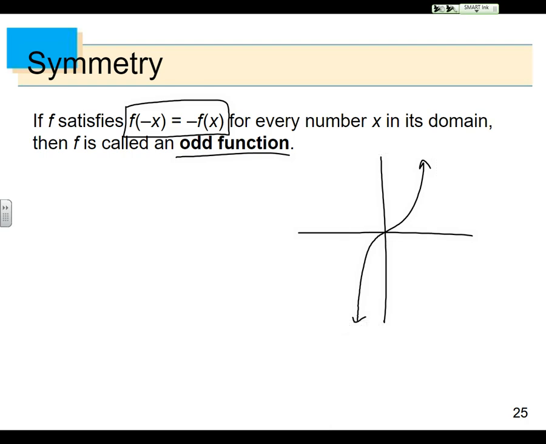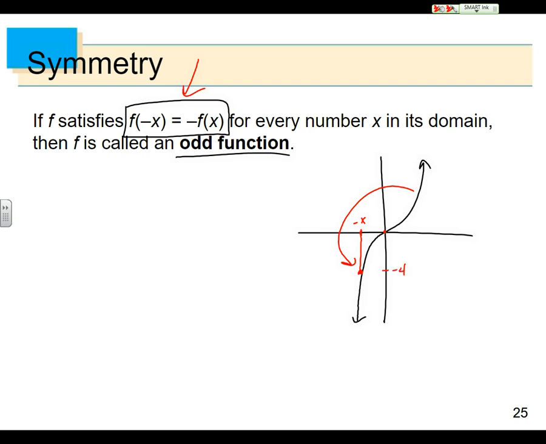Now, an odd function is going to have symmetry with respect to the origin. So that means whatever you see in the first quadrant has been rotated 180 degrees, and you see the same thing in the third quadrant. Same for second to fourth, or fourth to second. Trying to make sense of it from this box right here, if I go to the left, say negative x units, it means I should come down to, say, I'm just going to make up a value, negative 4.